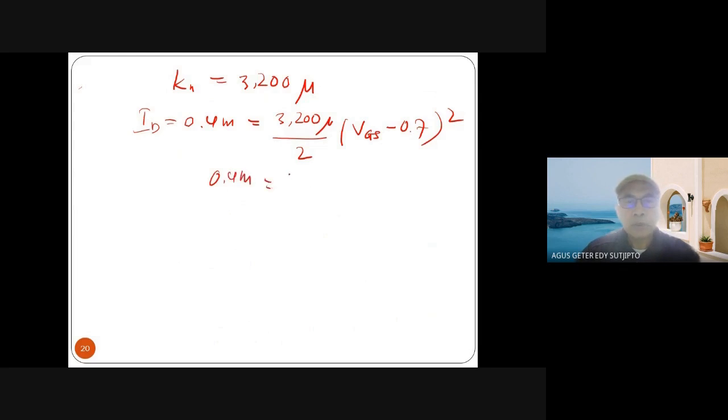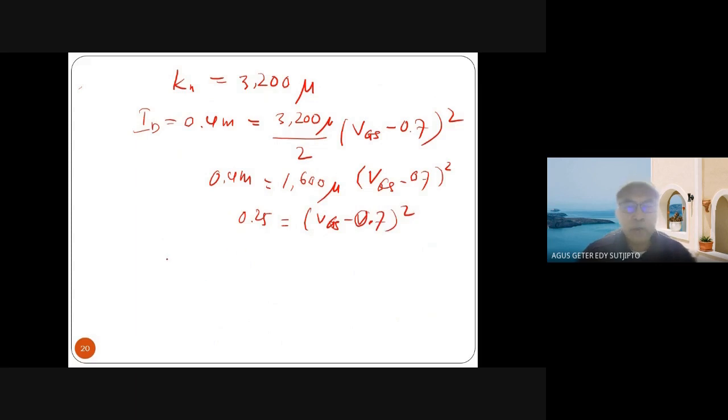Then we have 0.4 milli equals 1600 micro times (VGS minus 0.7) squared.